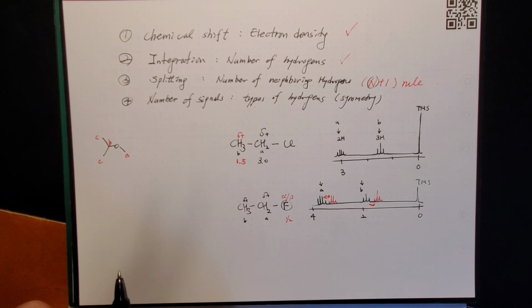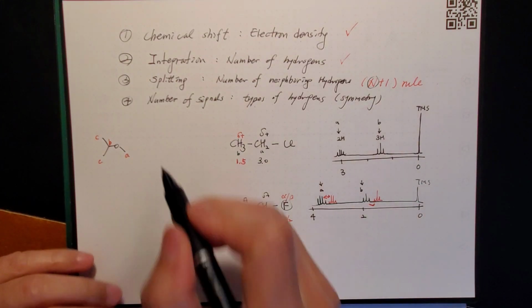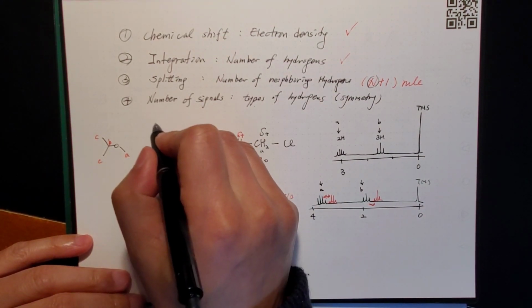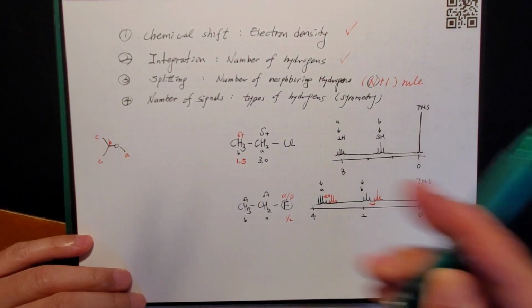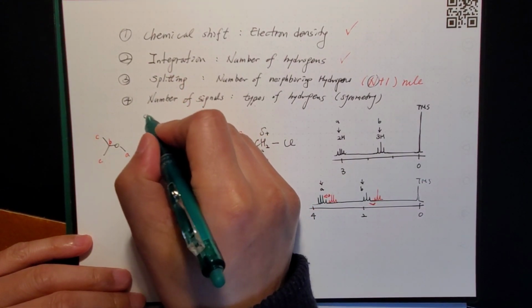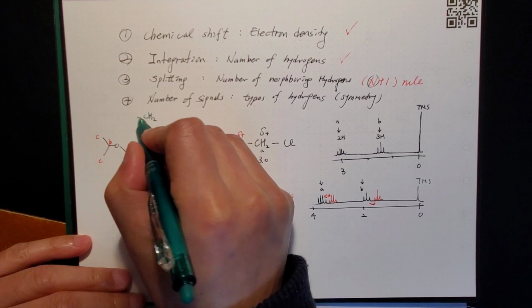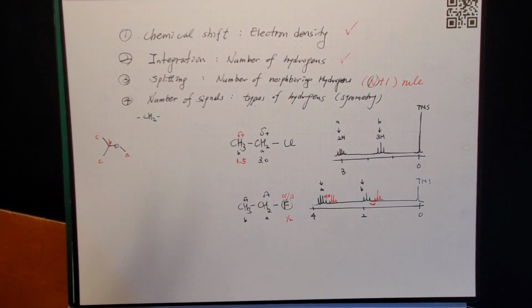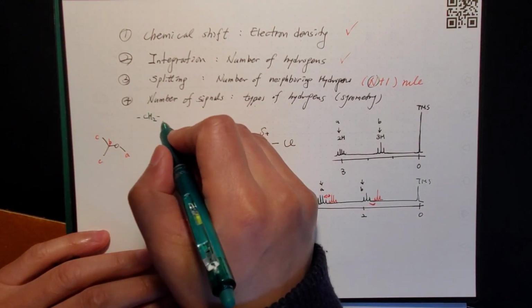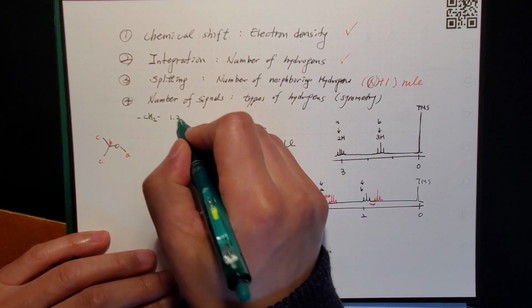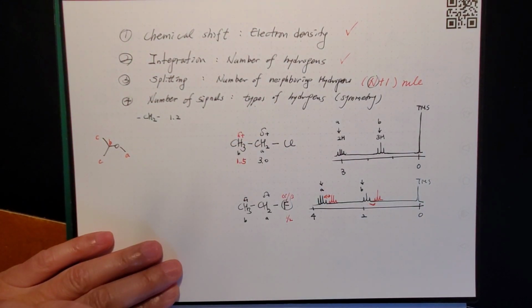How about chemical shift? Because we start to see many different types of CHs of sp3, let me give you a guideline here. If you have CH2, let me use a different color because I made it busy over here. CH2 without anything attached to it, theoretically, should give you about 1.2 ppm, right?